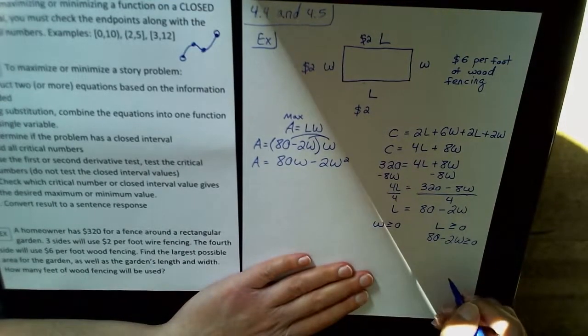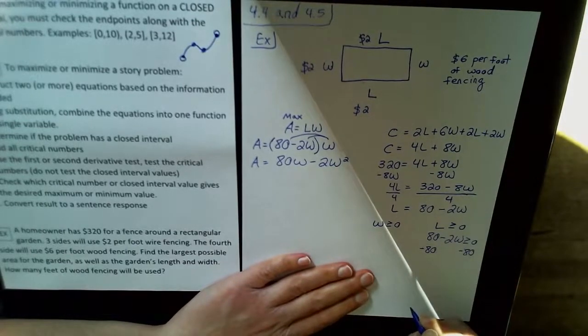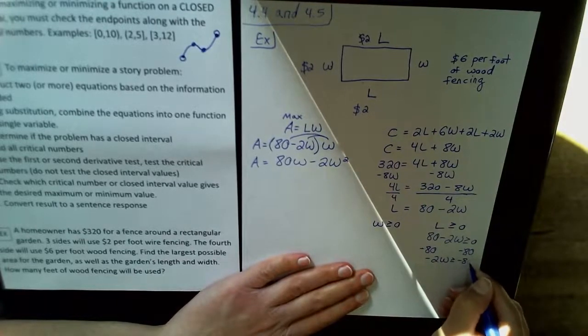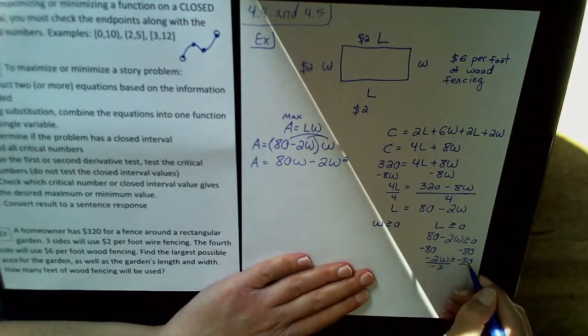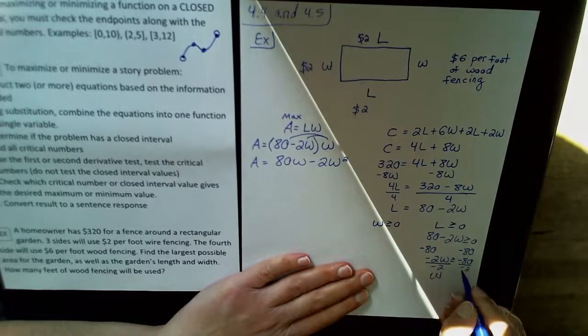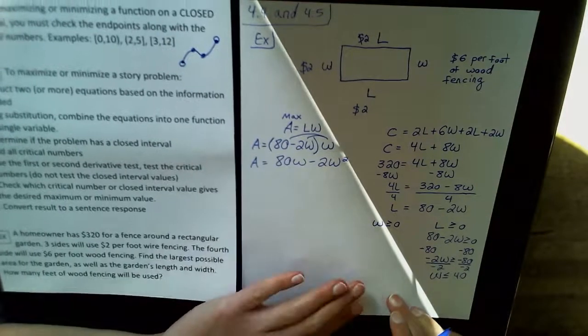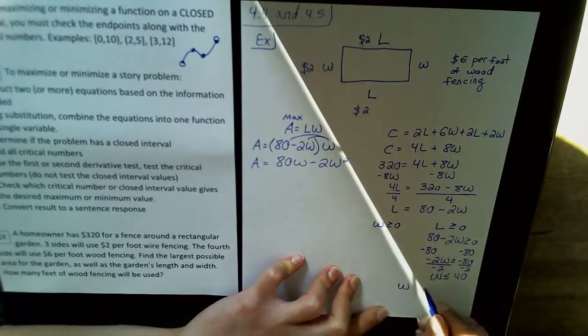And solving for W in this case, we're going to subtract 80 from each side to get -2W is greater than or equal to -80. Dividing each side by -2, we get W is less than or equal to 40. Remember, whenever you divide or multiply in an inequality by a negative number, you have to flip the inequality. That's why it becomes a less than. So W has to be between 0 and 40.